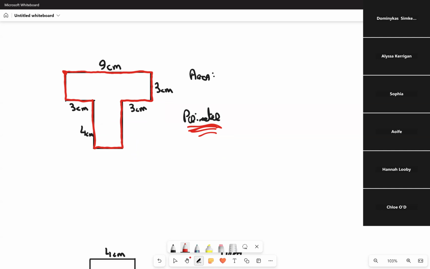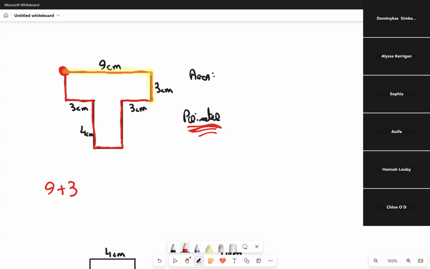So we'll take it step by step to make sure that everyone's following. So let's start here at this corner. All right. So you said 9, and that's because we've this length. So we've 9 centimeters. Plus, we go down here, we have 3 centimeters.